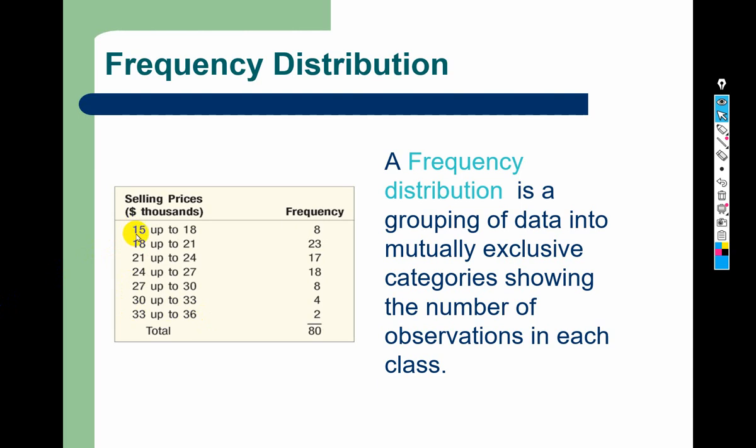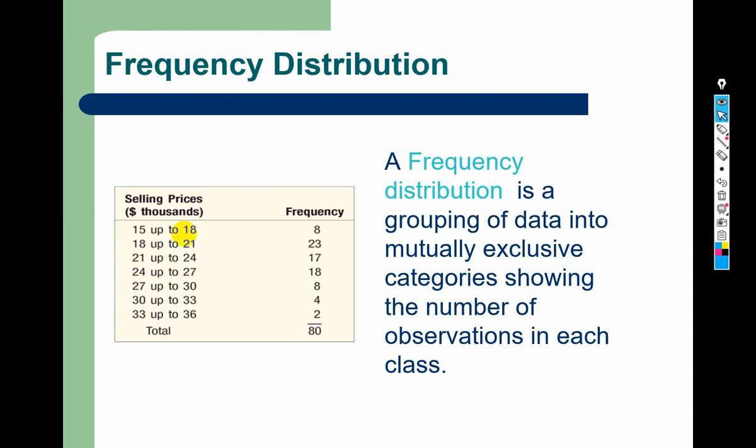Class 1 from 15 to 18, and then from 18 to 21, and then from 21 to 24, and so on. How to find the number of classes and how to find the class length or interval, that will be actually what I will explain now. But anyway, for the qualitative data, because you have a few values, just count each value.